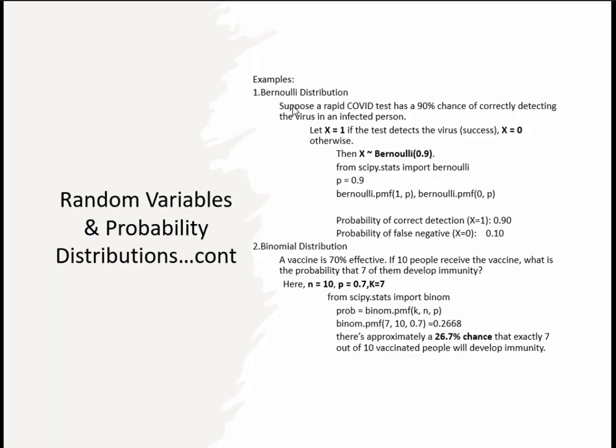So with the Bernoulli distribution, we've said there are only 2 possible outcomes. So the total probability of any outcome is 1. Now, suppose a rapid COVID test has 90% chance of correctly detecting the virus. That means our probability is going to be 0.9, because the total probability is 1.